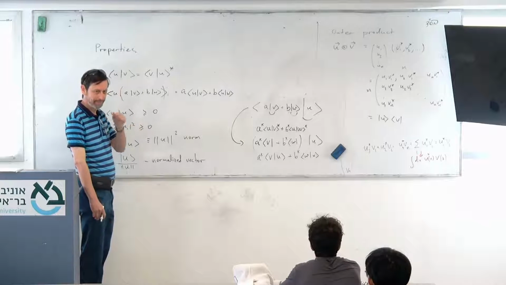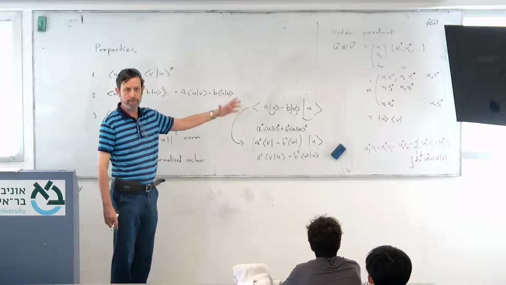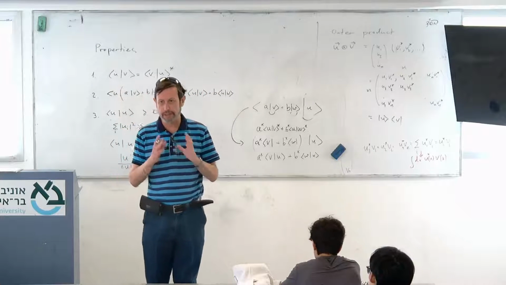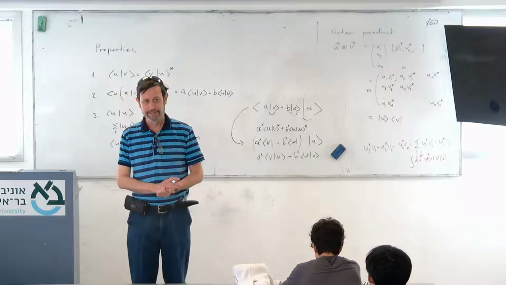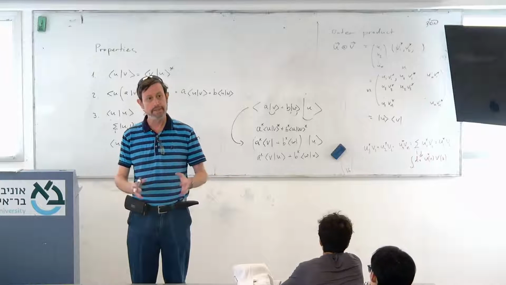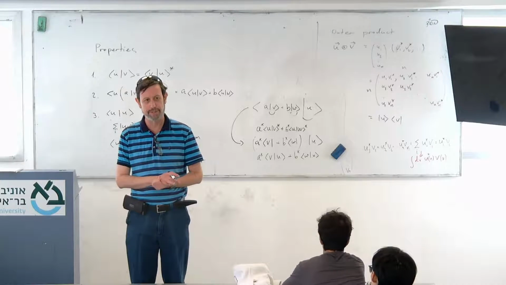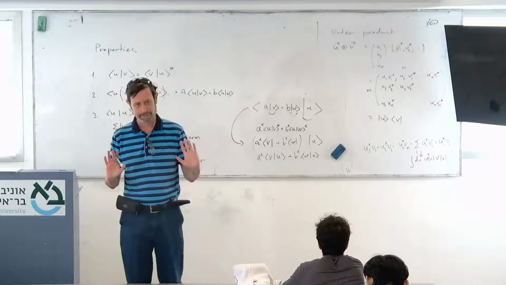This could be a complex number. Scalar multiplication can be a complex number. I didn't say that a scalar multiplication has a physical meaning. Okay?